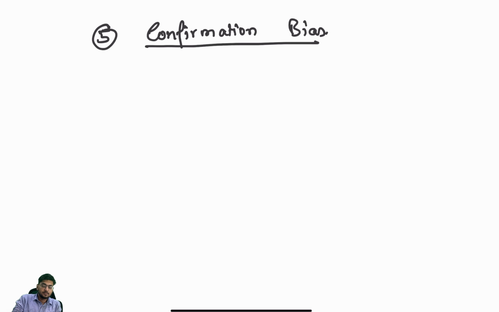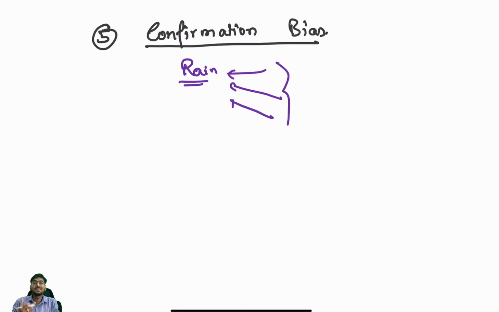Say I feel that today it will rain. Now I'll keep searching on the internet for something that confirms my belief that there is a possibility of rain. So I'll see humidity ranging from 70 to 80%, high chances, high wind, it's cloudy. Now I will ignore any other thing that challenges the view.